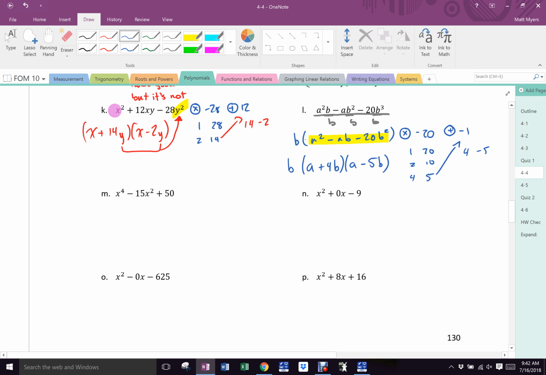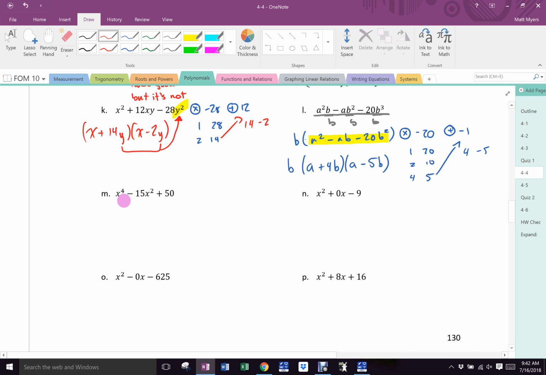What is the relationship between x squared and x, and a squared and a? A times a is a squared, correct? And x times x is x squared, correct? We know that this first term is going to get squared, don't we? When we do FOIL, it's going to get squared, right?